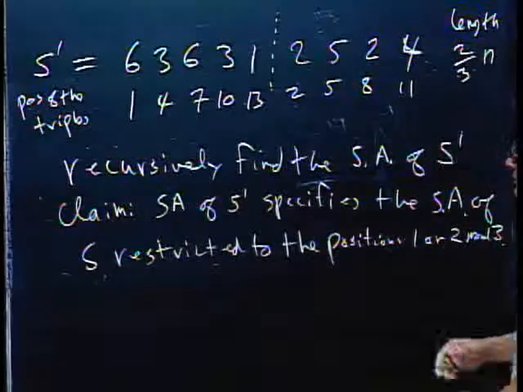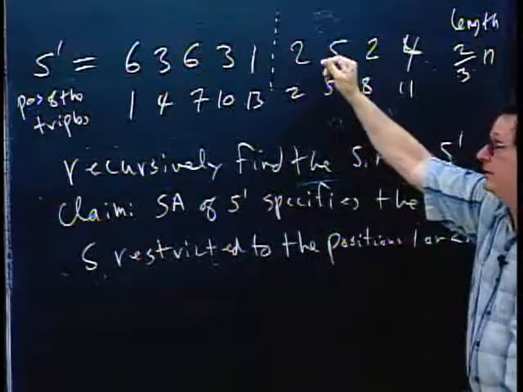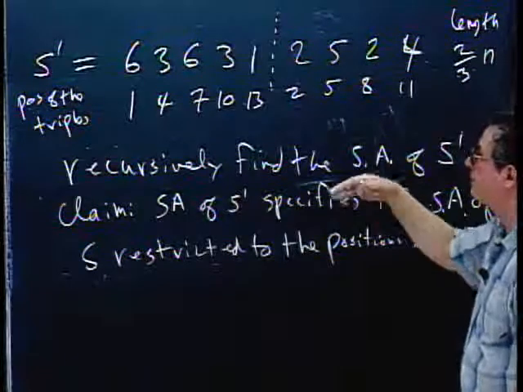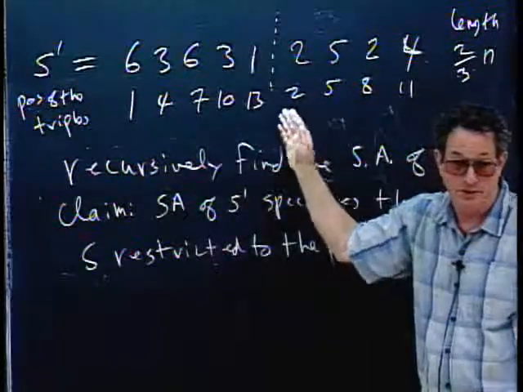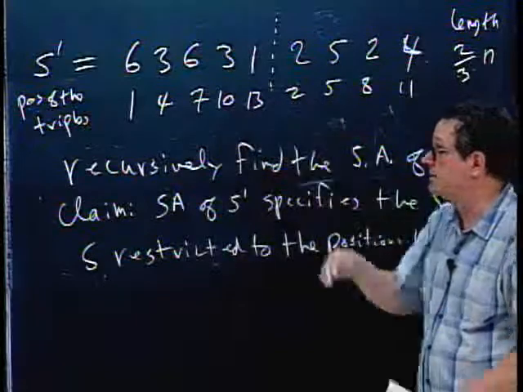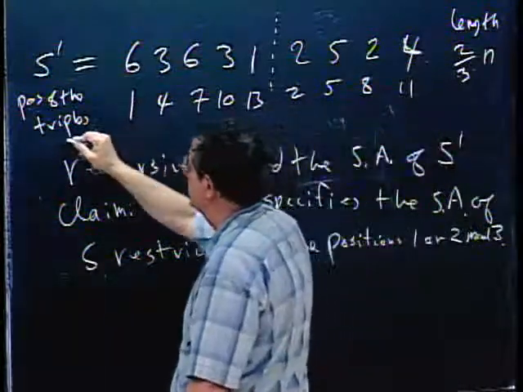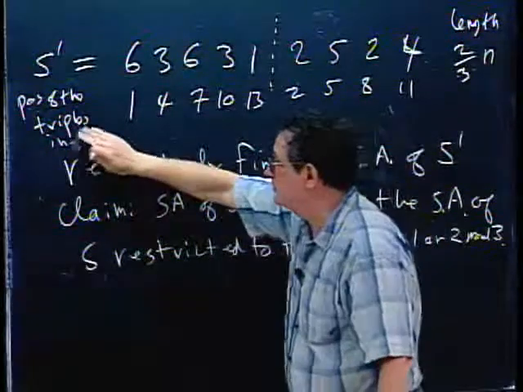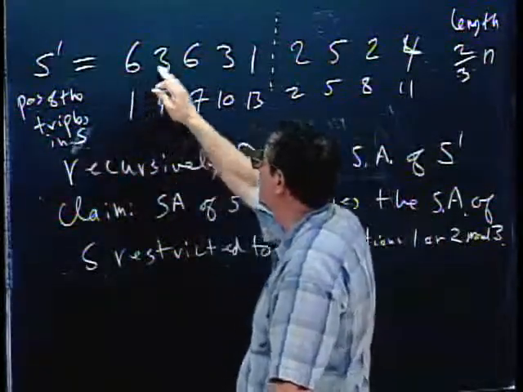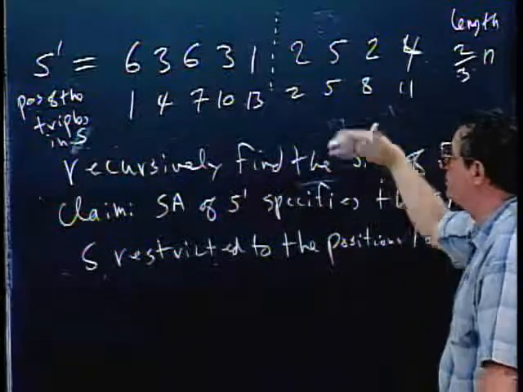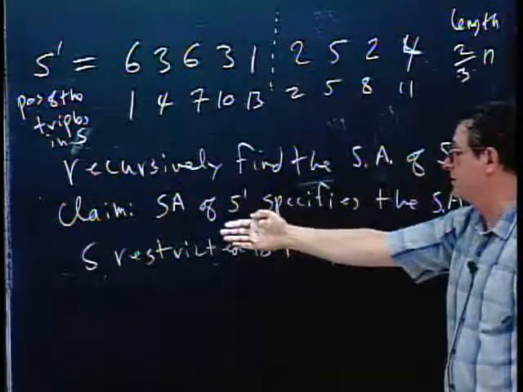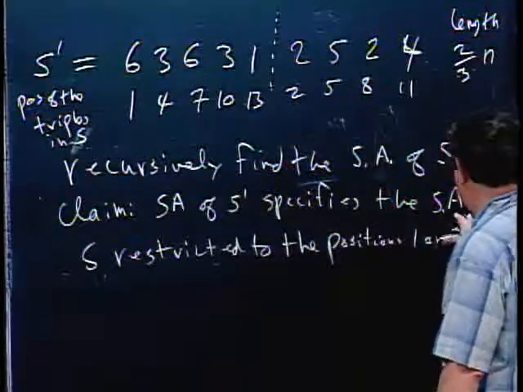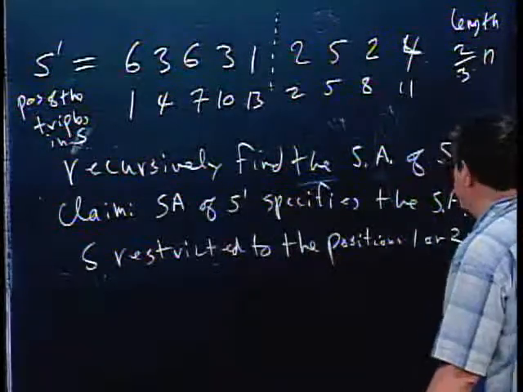So when we find the suffix array for S prime, then we will substitute all the positions for their original positions in S, the positions of the triples. So once we find the suffix array for S prime, we're going to use it to find the suffix array of S, but restricted to the positions 1 or 2 mod 3.